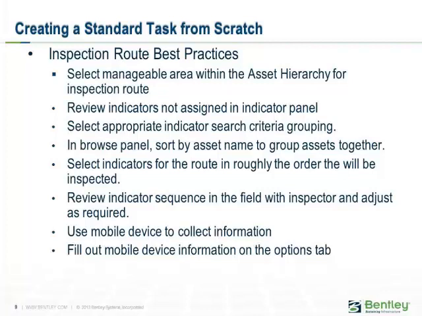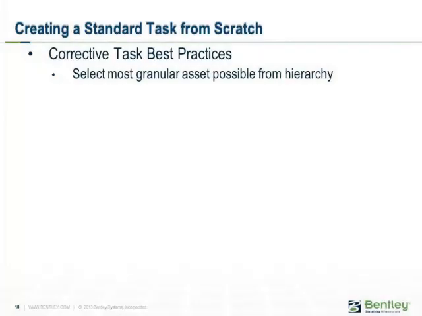Select indicators for the route in roughly the order that they will be inspected. Review the indicator sequence in the field with the inspector and adjust as required. Use a mobile device to collect information, and fill out the mobile device information on the Options tab. Corrective task best practices follow the same pattern, except select the most granular asset possible from the hierarchy.